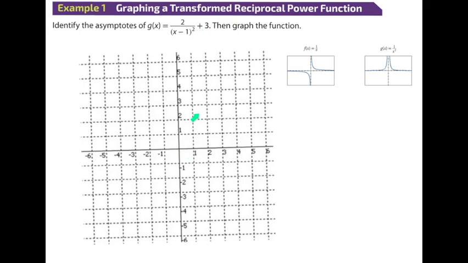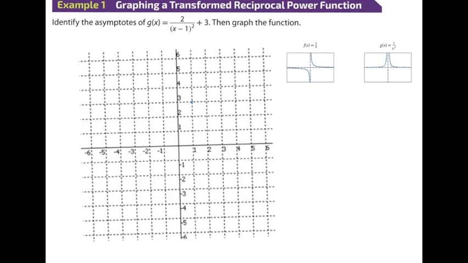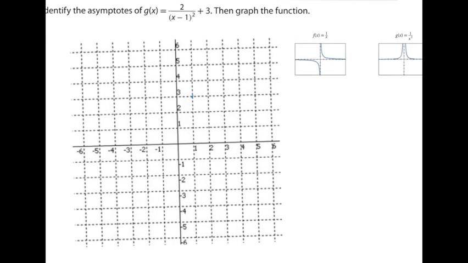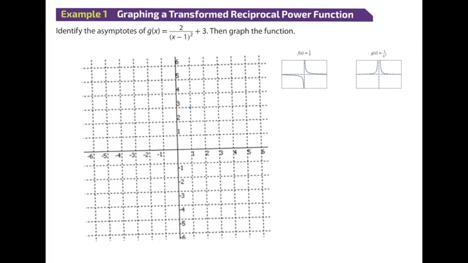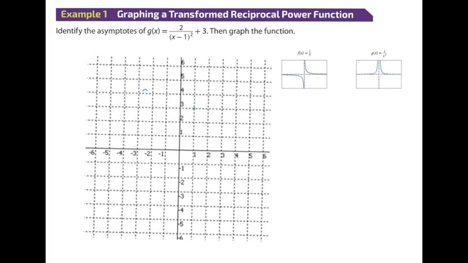So my new point that is going to create a crosshairs, so to speak, is going to be right here at (1, 3). And if I were to draw a dashed line, I would draw it as though I shifted my axis up 3 and over 1. If it'll let me grab this here and just straighten it some, that would be great.